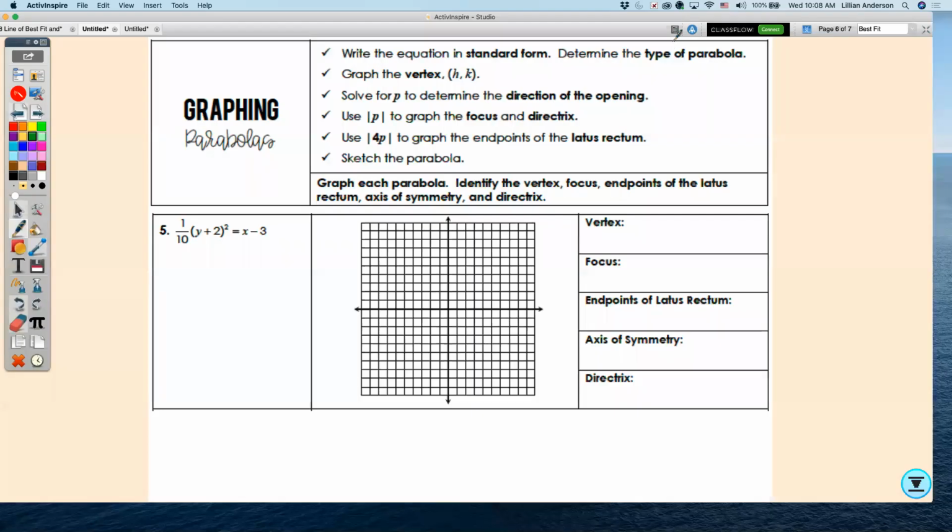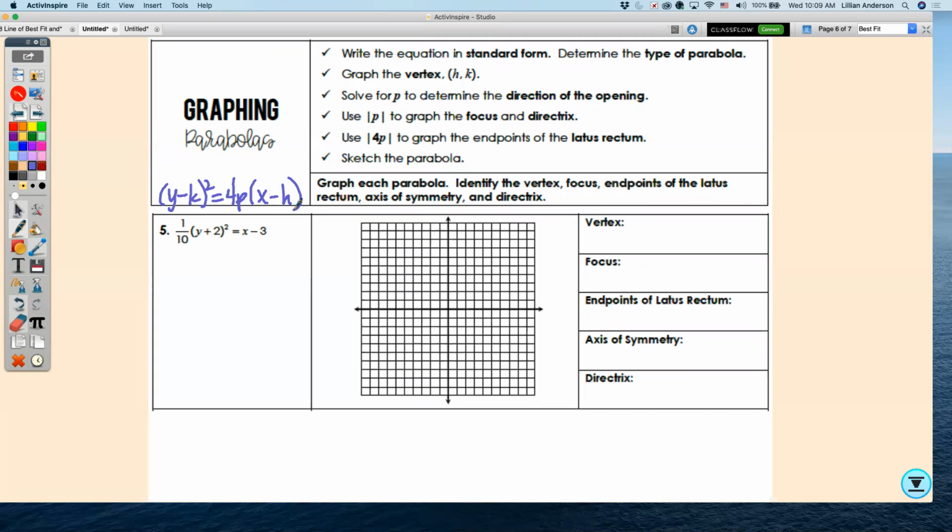This one, is it in standard form? No, it's not, because if you go back and look at your standard form, it should be y minus k squared equals 4p times x minus h. But it looks like my 4p is with my square term, and it shouldn't be. So for this particular one, I am going to need to write it in standard form before I can start doing all my pieces. How do I get rid of that 1/10?